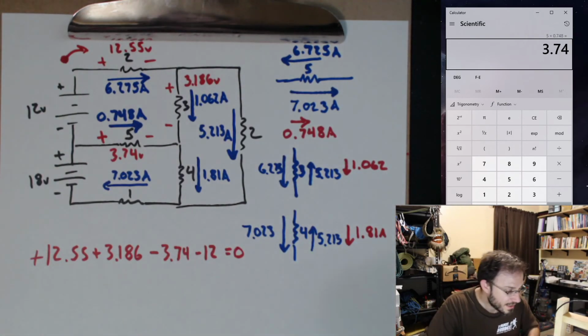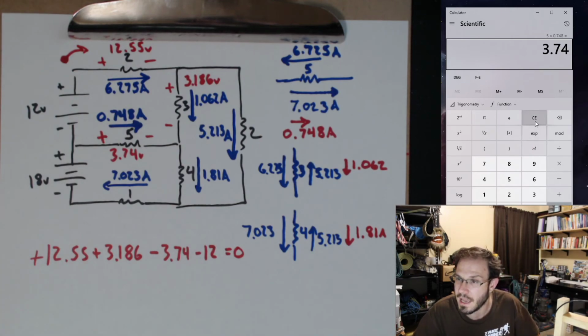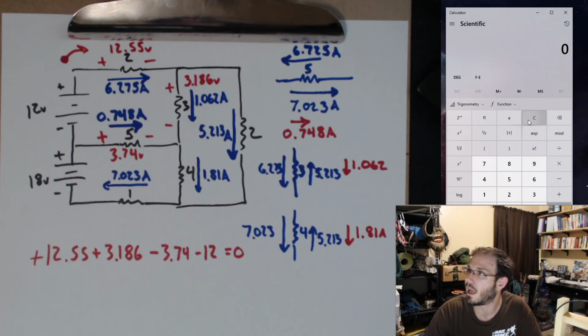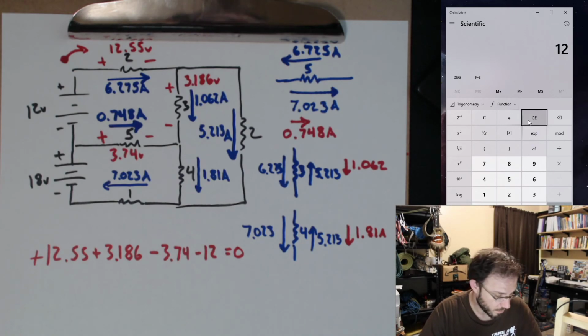So as long as I'm not lying to you, I should be able to punch that into my calculator and have it actually be equal to 0. So 12.55 plus 3.186 minus 3.74 minus 12.